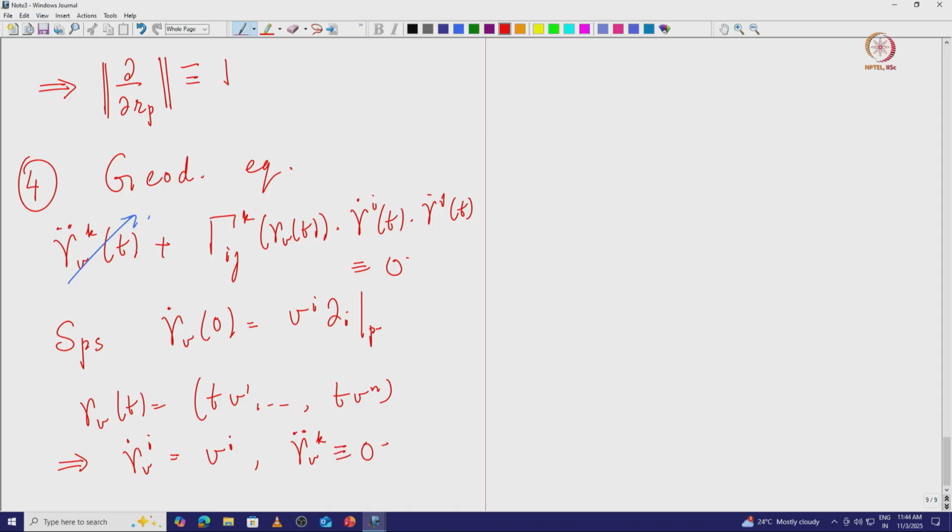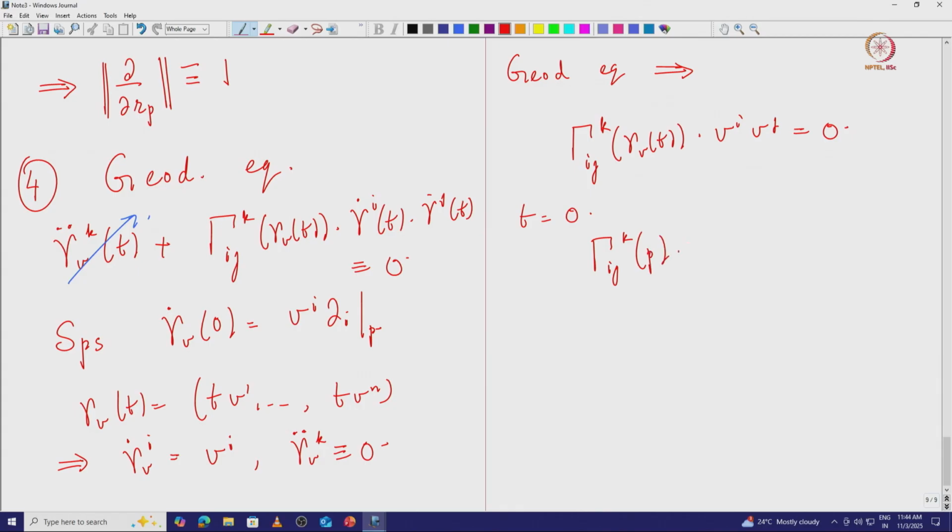So then from the geodesic equation we get the following relation, that the Christoffel symbols at gamma v of t times vi vj is 0. So now just plug in t equals 0. So we get that gamma ij k at p times vi vj is equal to 0.